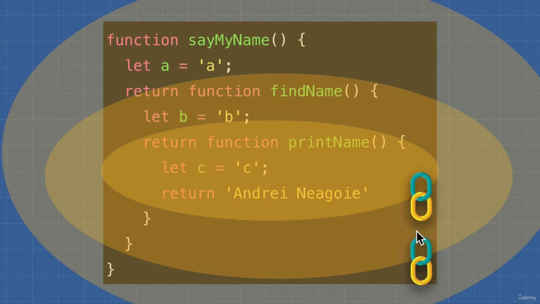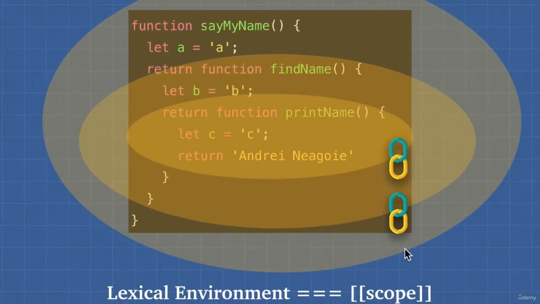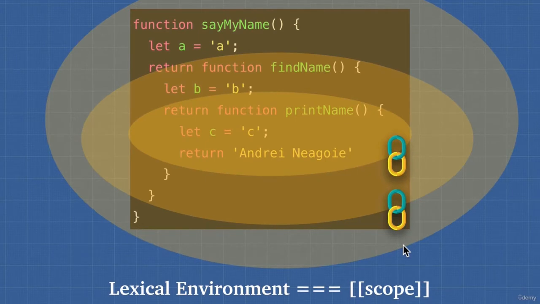And then that outer scope points to its outer scope until it hits the global scope. And the JavaScript spec actually has this internally, where it's [[Scopes]].